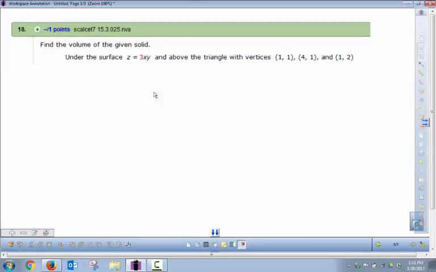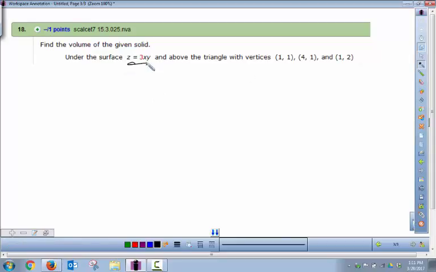Find the volume. So you have a surface in 3 dimensions, and then the triangle with vertices, whatever. Are these the same vertices that we had last time? Slightly different. Oh, this might be easier. I don't know. Let's see.